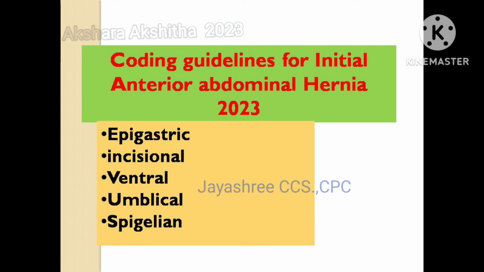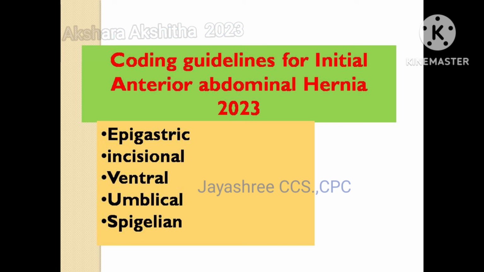First we need to check whether it is initial hernia or recurrent hernia. Okay, let's see the initial hernia first. After checking the initial hernia, we need to check the location of the hernia, either epigastric, incisional, ventral, umbilical or Spigelian hernia.